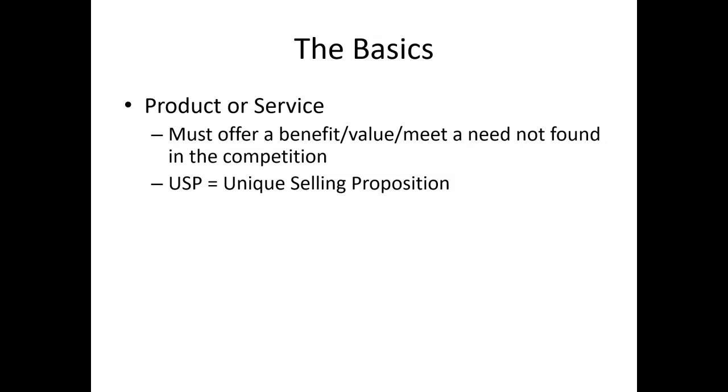The most successful products or services meet a need that the public has, some group of consumers has, and they meet that need better than any other option. That's called a unique selling proposition.